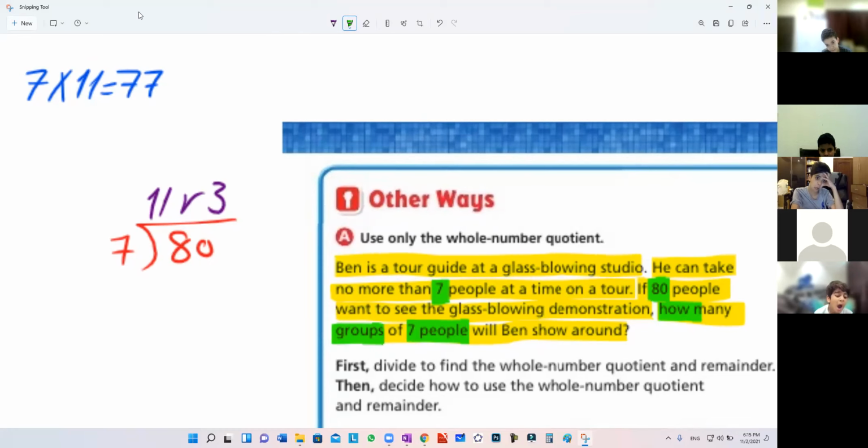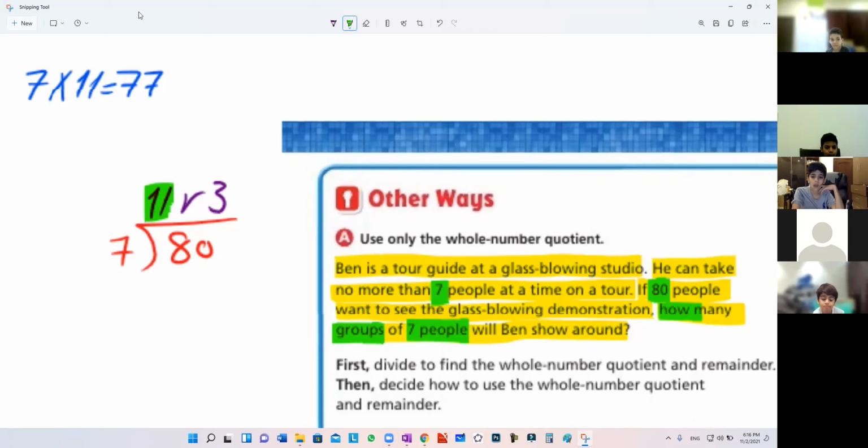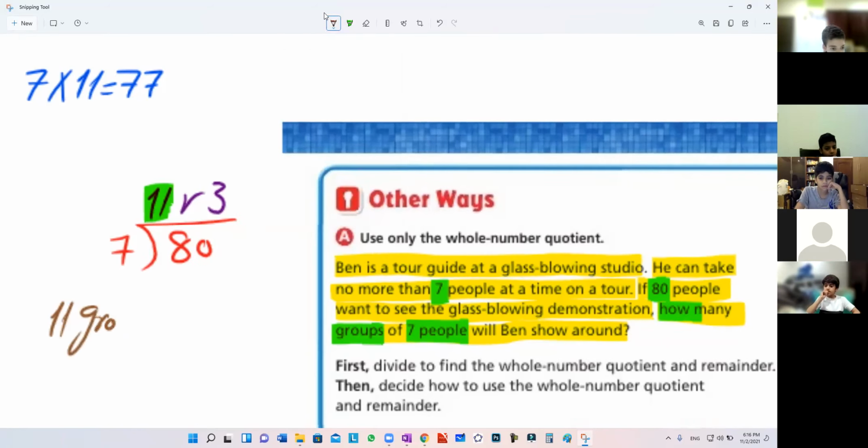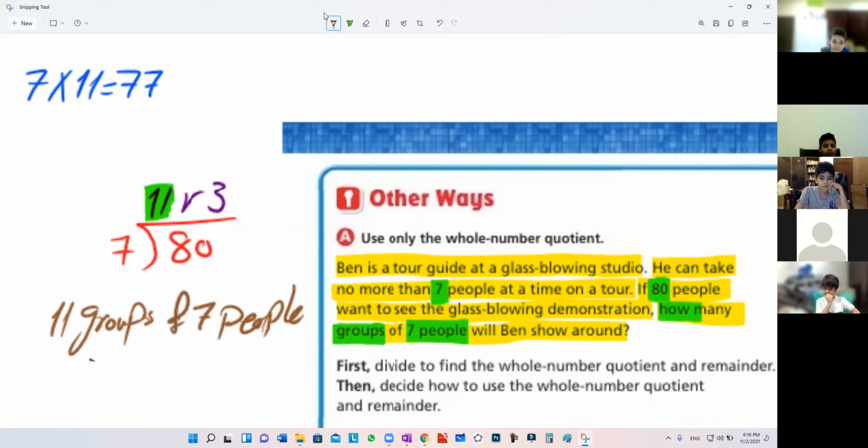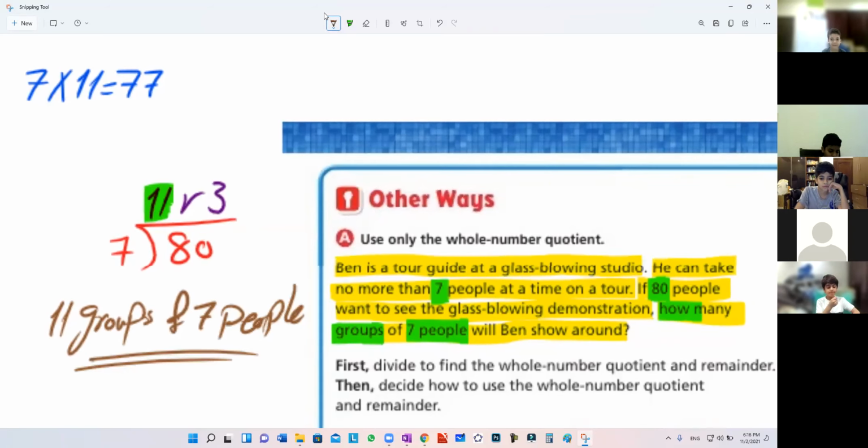So in this case you must use only the whole number quotient. So how many groups in this case? 11 groups of 7 people. So that's the answer. Thank you, Adam. You are so smart, my dear.